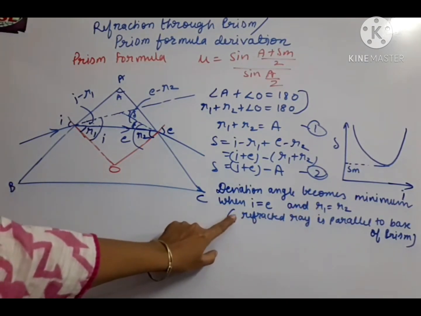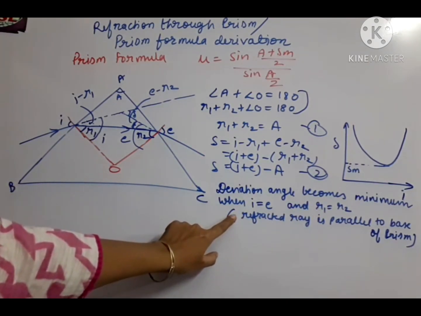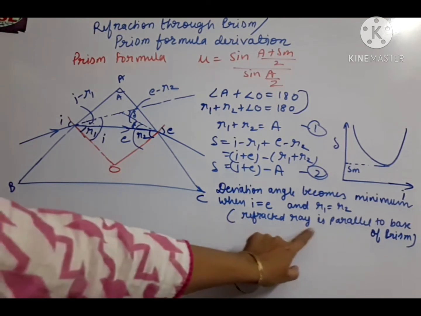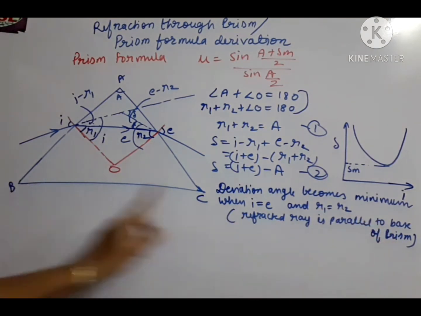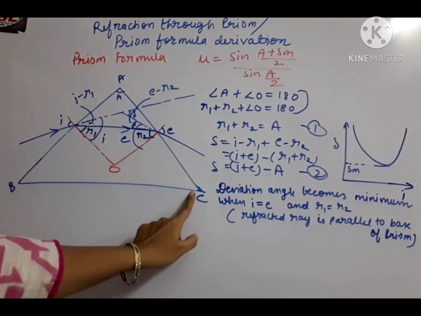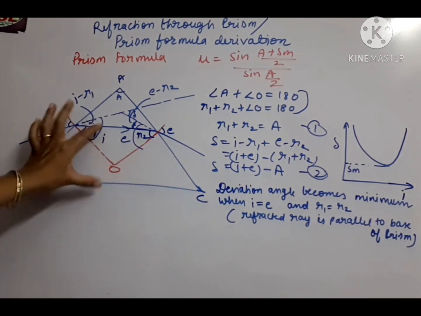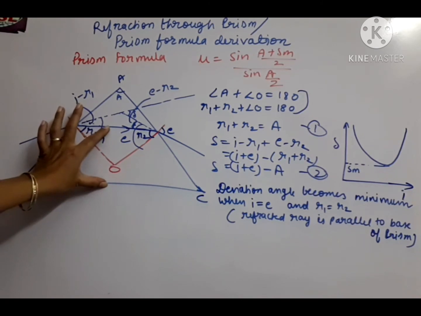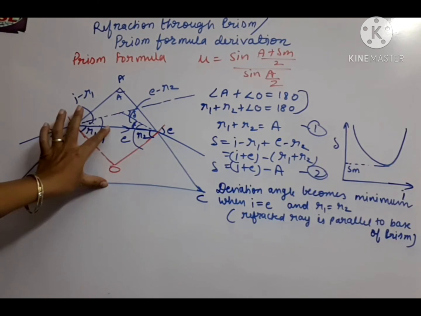In numericals, you will also see the line that the refracted ray is parallel to the base of the prism. If the refracted ray and the base of the prism are parallel, that means this is the condition of minimum deviation. Numericals are based on this particular condition.